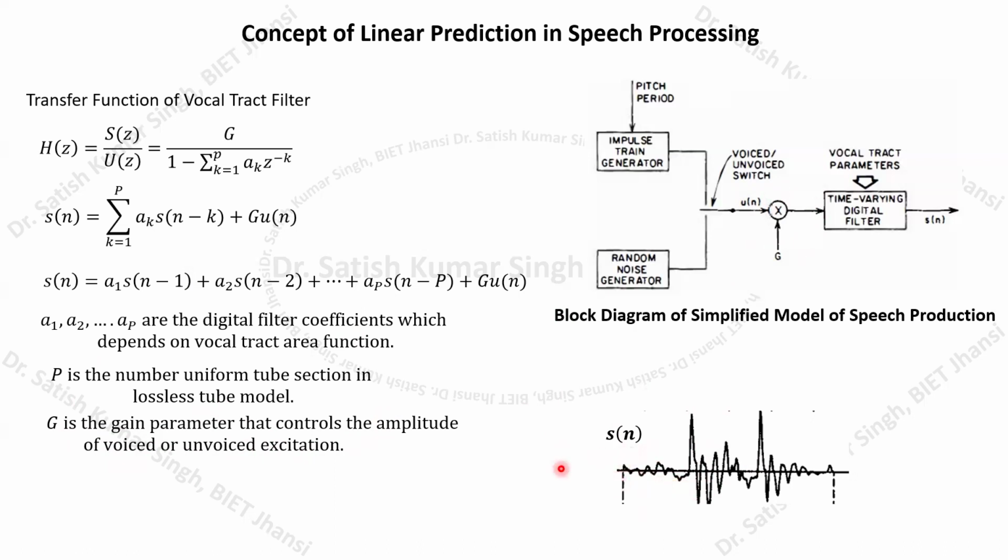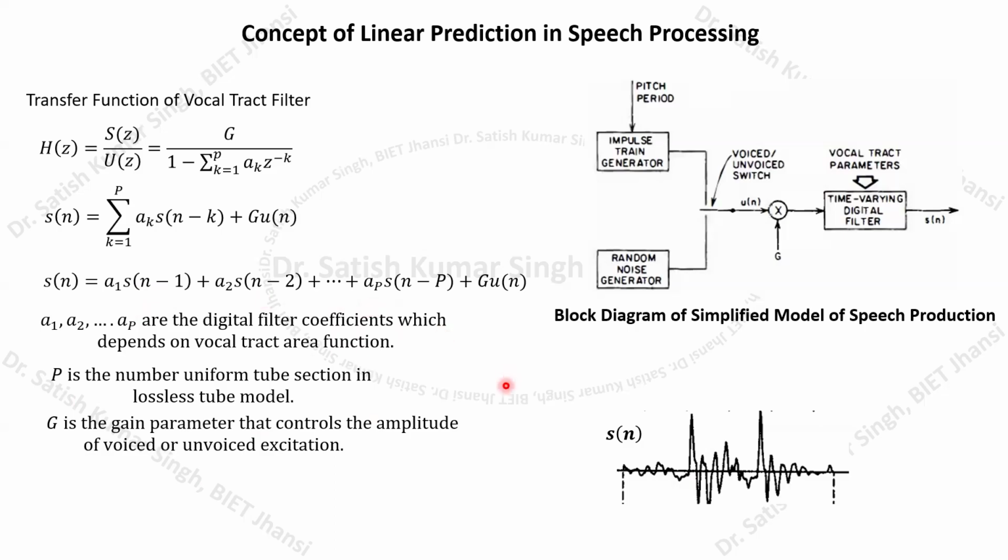So whenever you have only the speech sequences, we don't have the information about the filter coefficients. You have only the left hand side; you don't have the right hand side coefficients A1, A2, AP. These filter coefficients are not known.